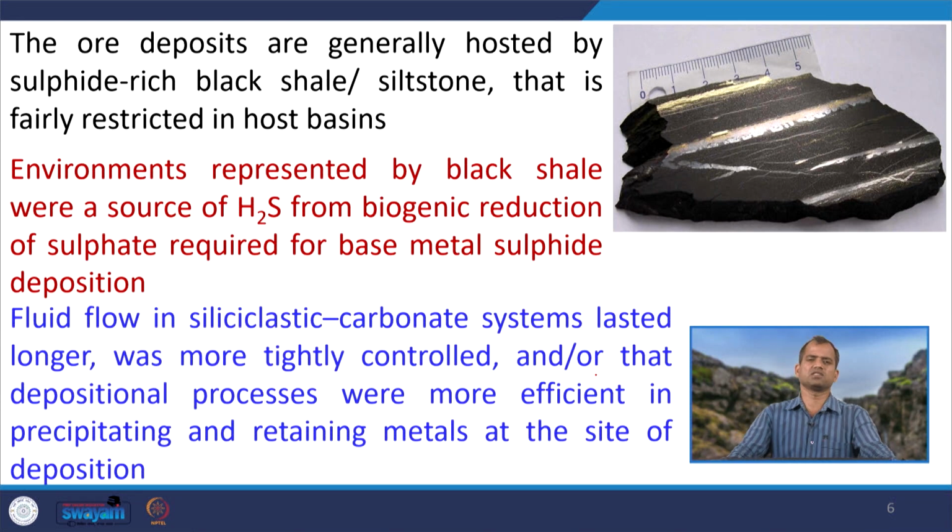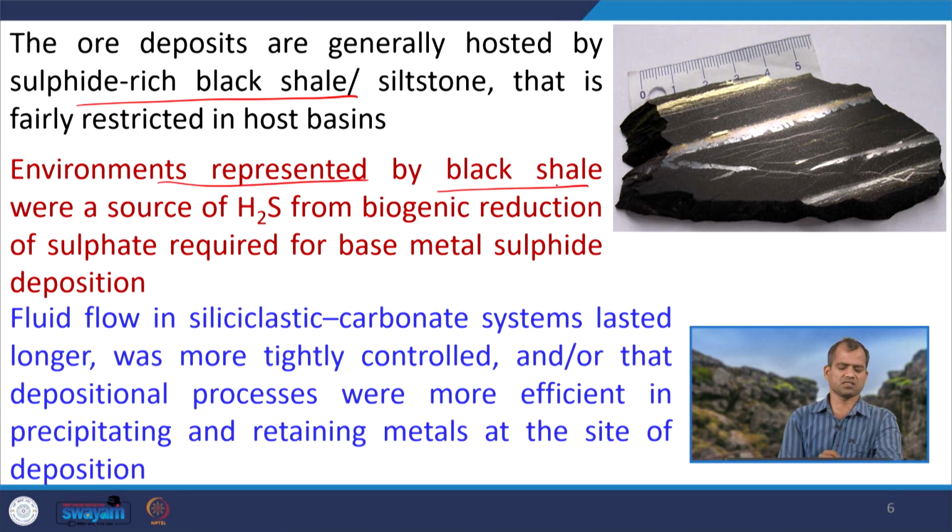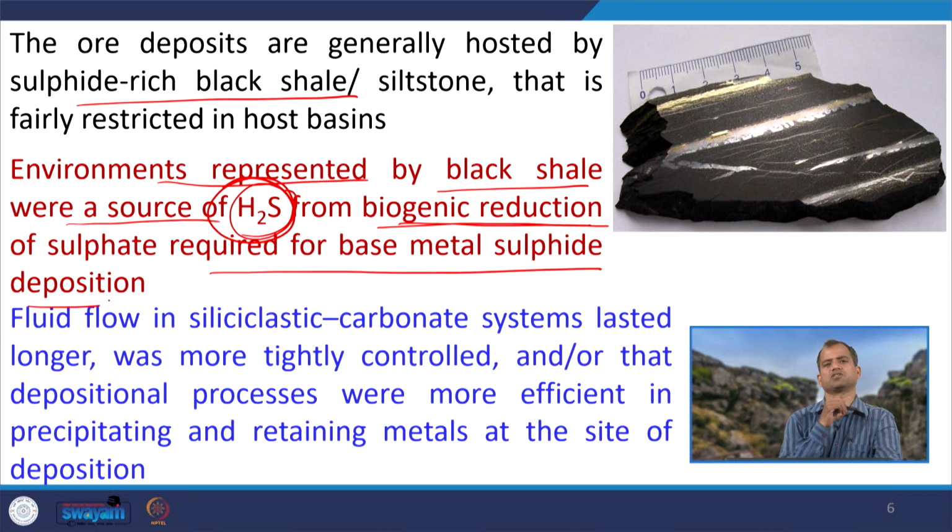The ore deposits here are generally hosted by sulphide rich black shale, an environment where a source of hydrogen sulphide is required, and it is formed by biogenic reduction, which is enriched in the black shale. That hydrogen sulphide is required for metal sulphide deposition.